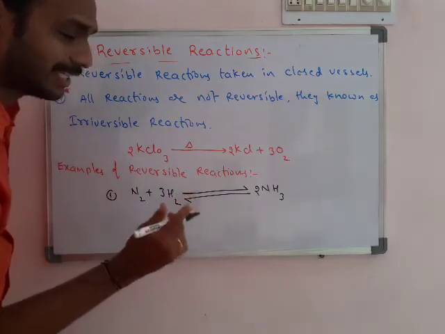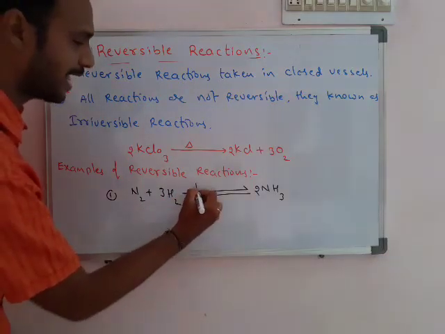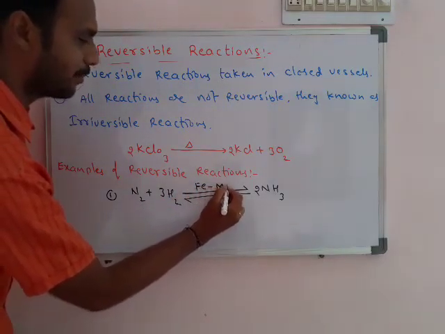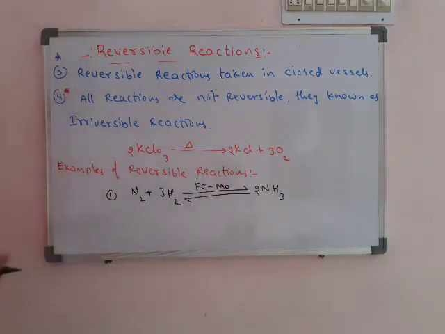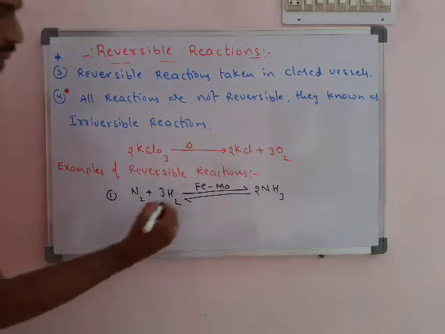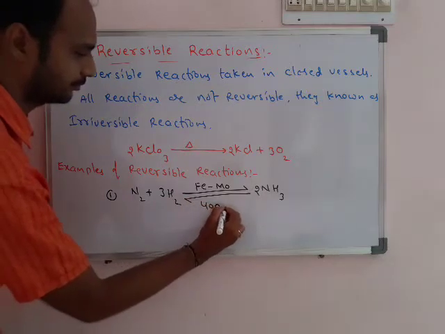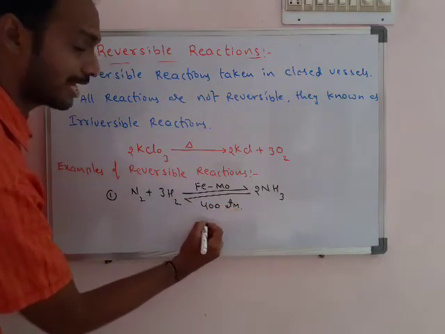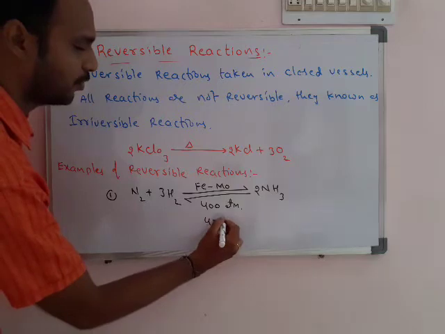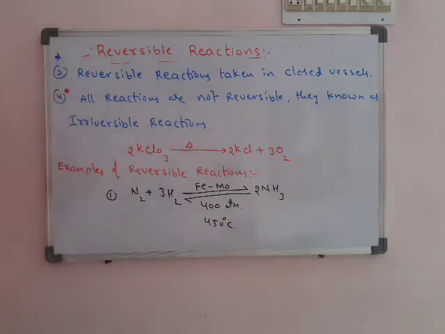But it takes place at some conditions. We know that it has a catalyst and a promoter. It also requires some pressure, 400 atm pressure, and 450 degrees Celsius temperature. This is a very important reversible reaction.